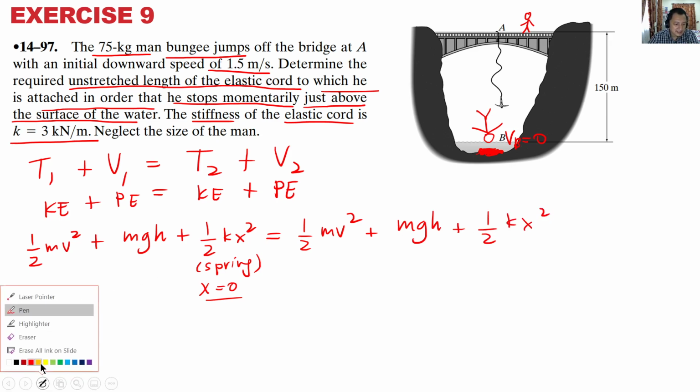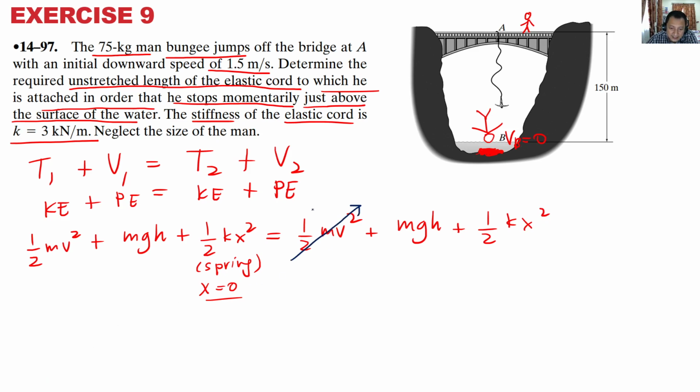So now let's take a look at the things which are going to be 0. Final velocity is equal to 0. Final height, we take h is equal to 0 here. How about this part? x is equal to 0.